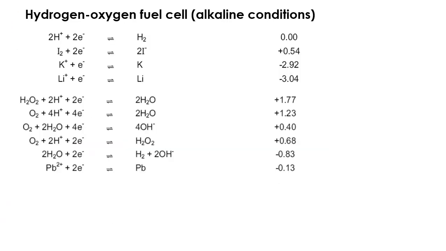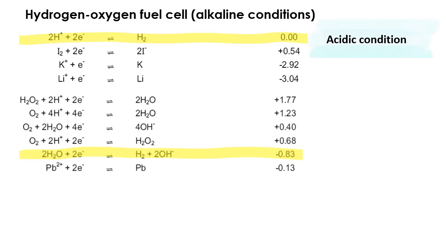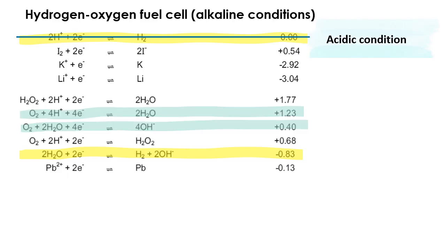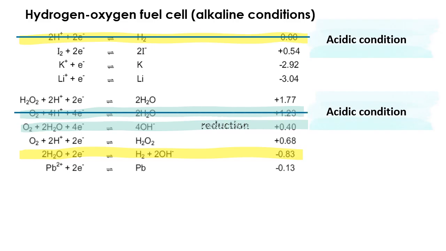Now we have to look for the relevant electrode potential values from the data booklet. We should eliminate all those that have H+ in them, because we already said that it is carried out under alkaline condition. So we take away those that are irrelevant, and then we have identified the reduction and the oxidation.